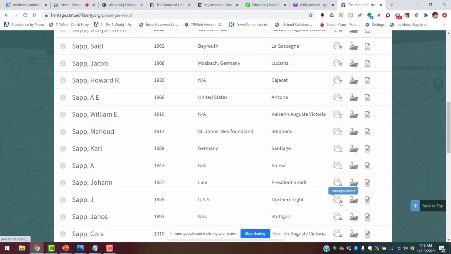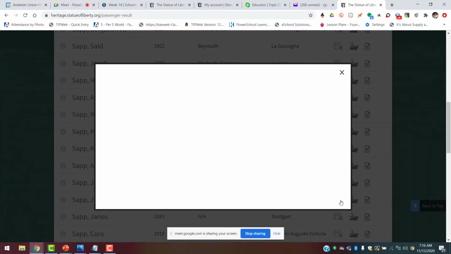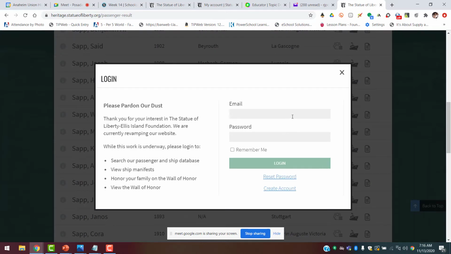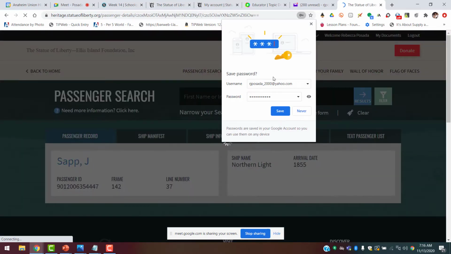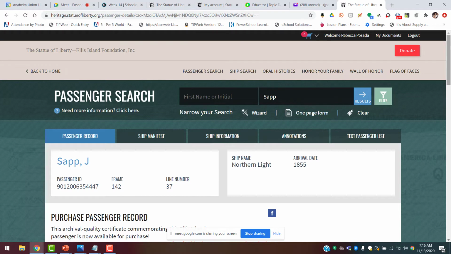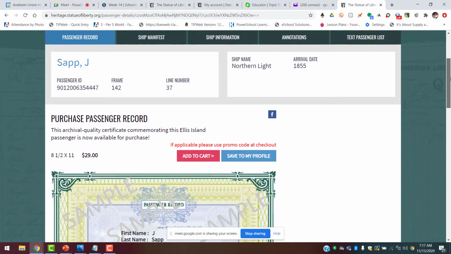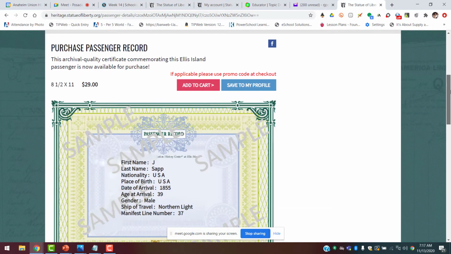So if I click here, it shows the passenger record. And I can see more information related to this particular person, when they arrived, which line they were on, their actual identification information that was found at Ellis Island.